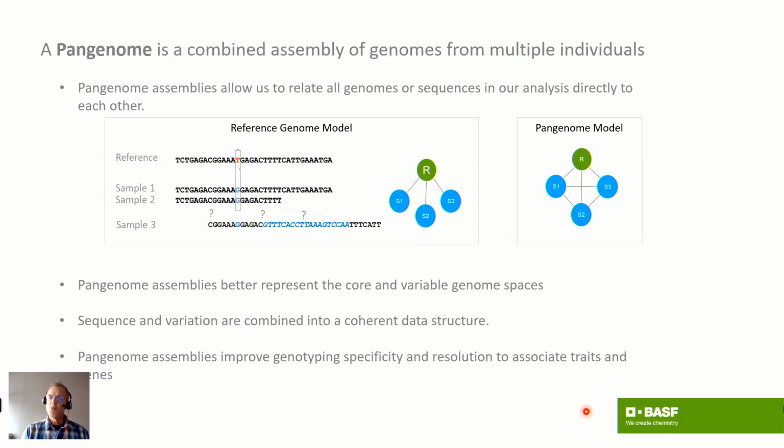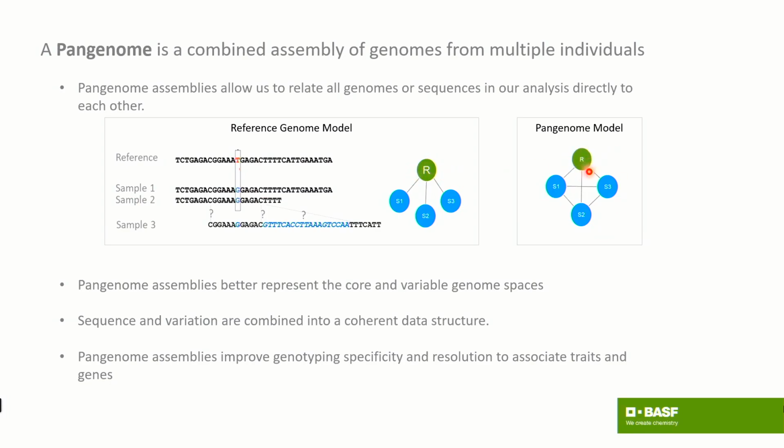So the pangenome, that's been introduced nicely by Erwin. The best way I find to describe what a pangenome is, is by contrasting it with a linear reference model. In a linear reference model, we're interrogating our sequences individually against the reference, so everything is compared to the reference.